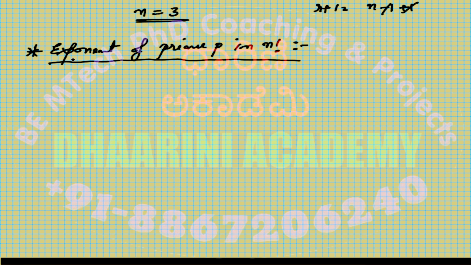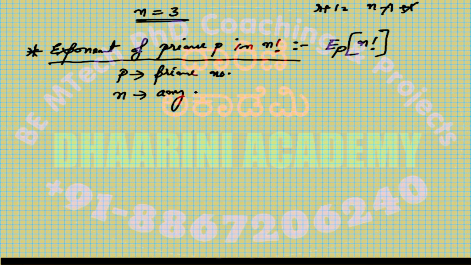This exponent of a prime number p in any n factorial is denoted by E_p of n factorial, where p is a prime number and n is a natural number. Here the condition is that p is a prime number and n has to be any natural number.